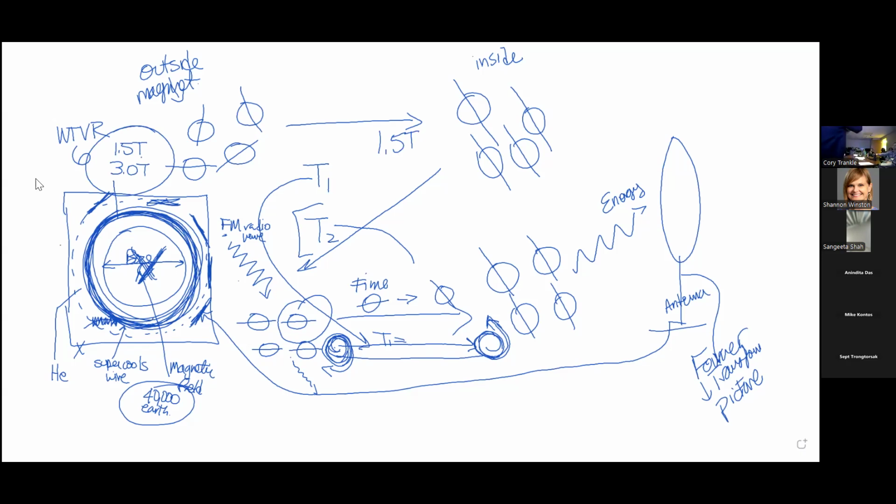That's the intensity of the winding. So at 1.5 Tesla, you kind of wind medium. At 3 Tesla, you wind even tighter. So at 1.5 Tesla, there is this much energy released.